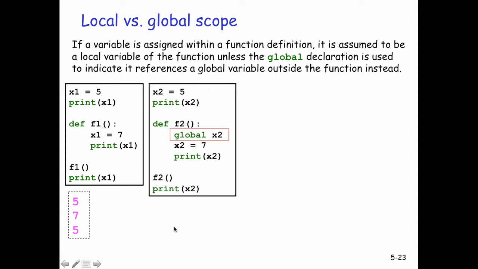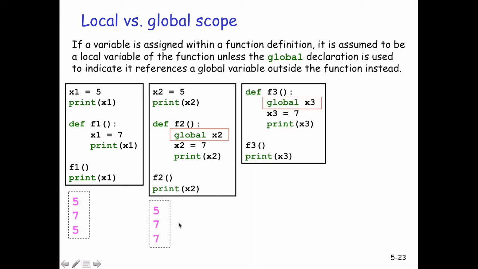Okay, let's just consider two other examples while we're here. Suppose we never defined the outer variable initially. So here's another version where, again, we have changed the x value to x3 and the f value to f3, and we right away declare that x3 is global.